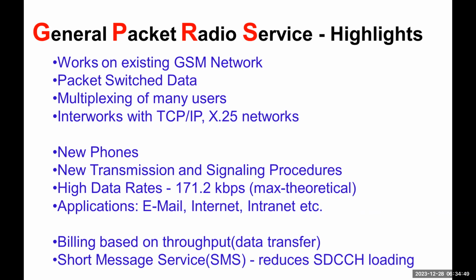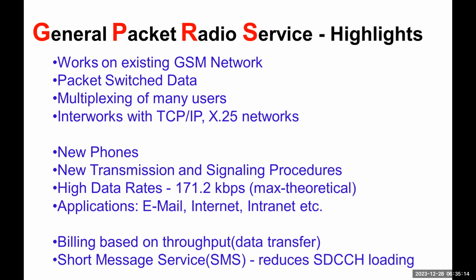So GPRS works and sits on the existing GSM network and allows the GSM users to achieve packet communication, right? And GPRS uses packet switch data. This means no dedicated circuit needs to be assigned to a mobile.